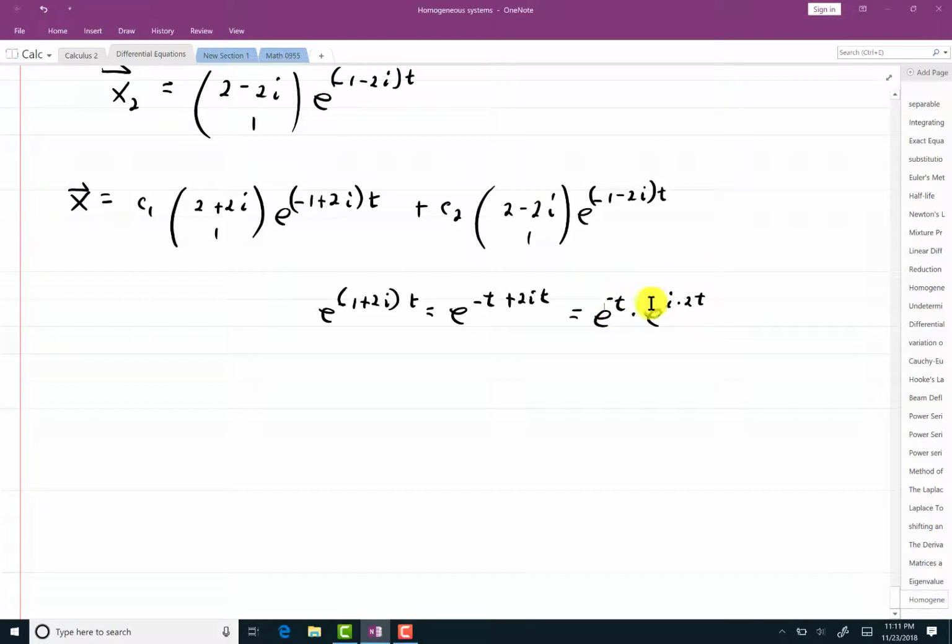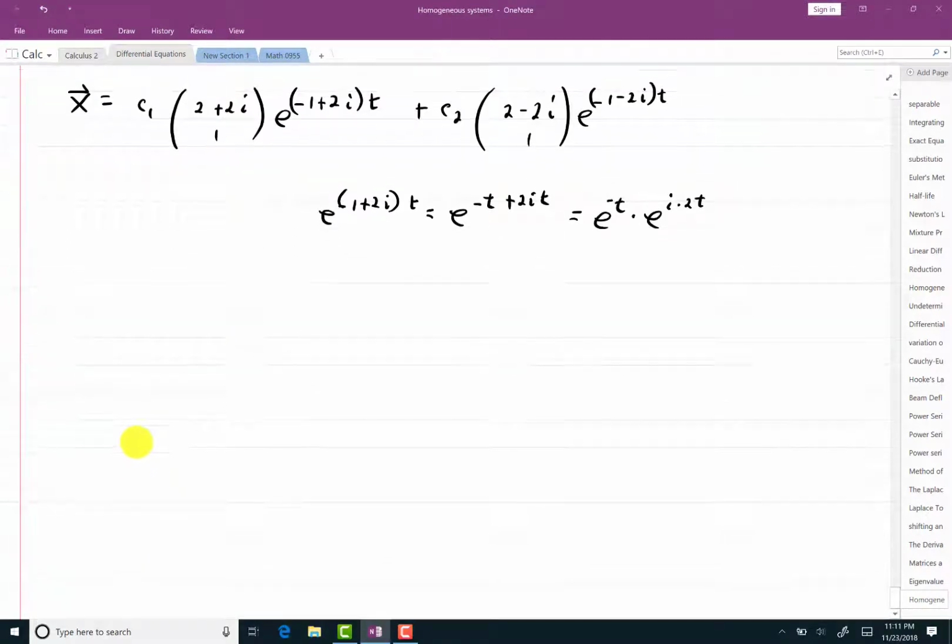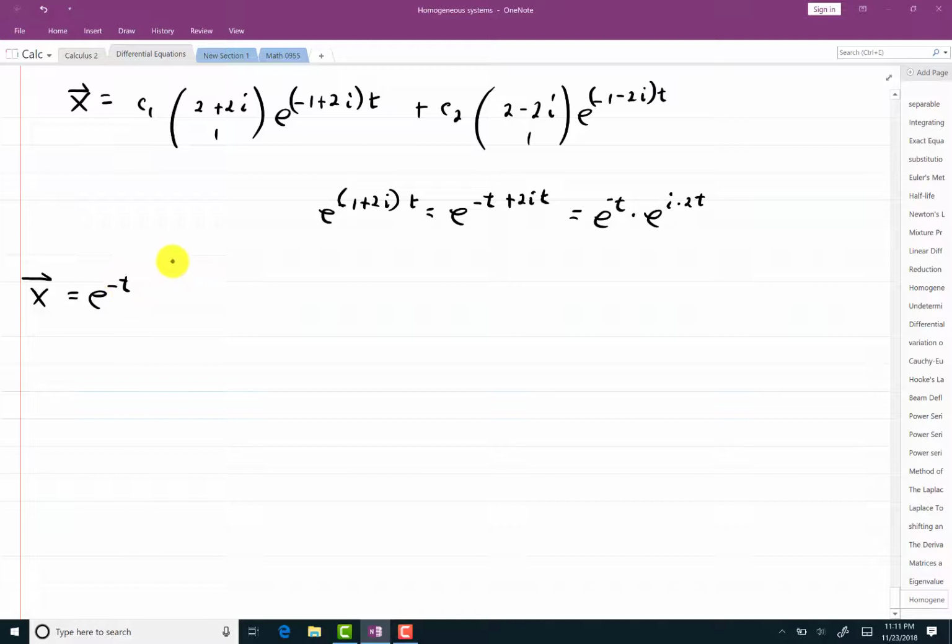I'm going to factor an e to the negative t out of everything. But that will leave me with a bunch of stuff in here.